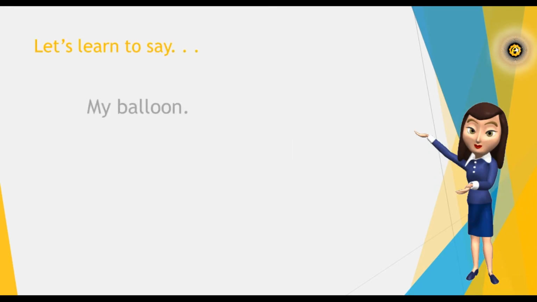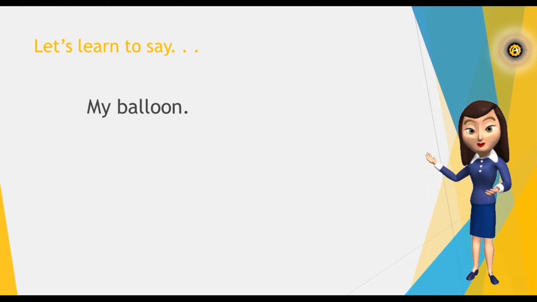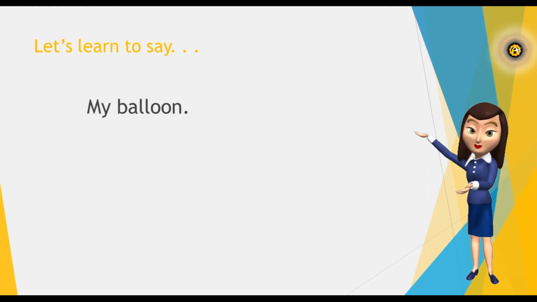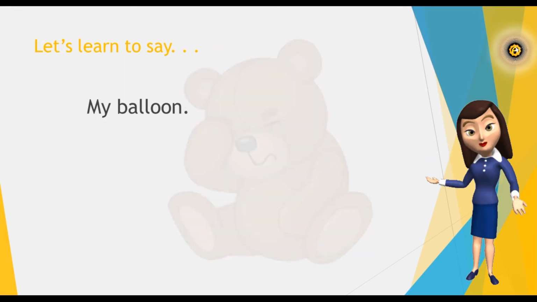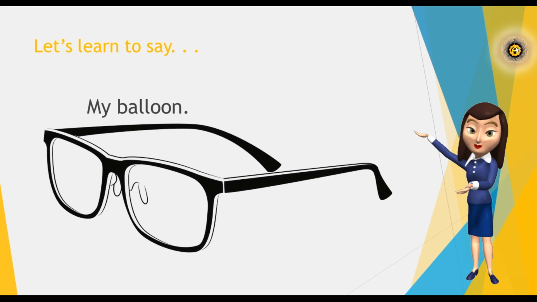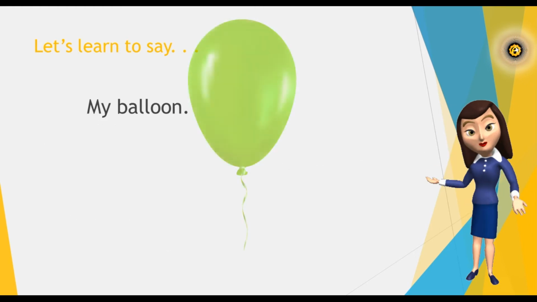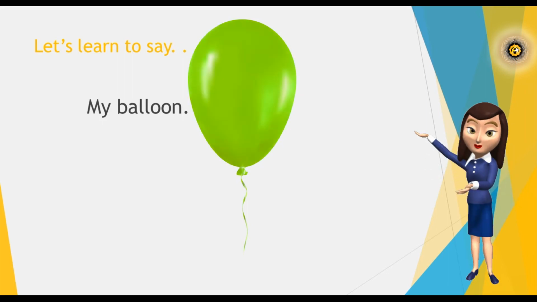Now let's learn to say my balloon. Well, it could be just anything. It could be my bear, my watch, my cup, my glasses, anything. But when you are saying my balloon or anything, in Urdu it is mera gubara.